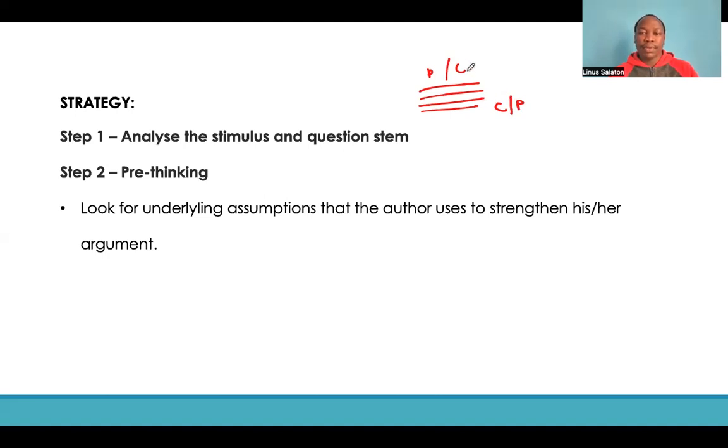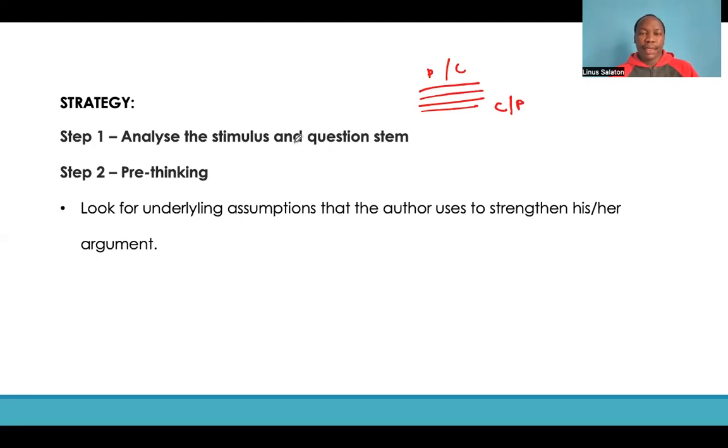Now, between these two, premise and conclusion, there are always underlying assumptions that strengthen or give validity to the conclusion presented by the author. So it's up to you to go through the question stem and understand what each part plays and what necessary information strengthens or weakens the argument presented, right?